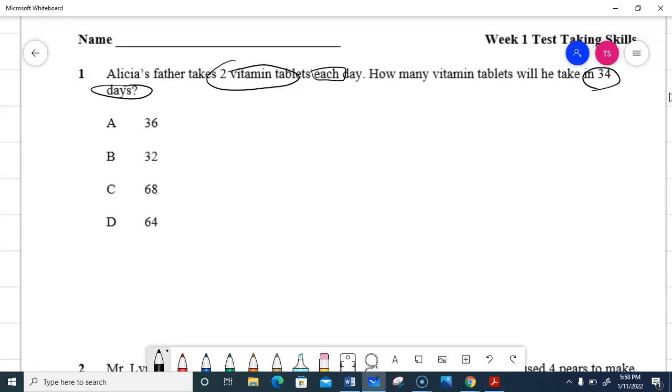This is going to look a little bit different than how we normally do it, but it's basically going to be the same thing. I'm just going to do it sideways because really the groups in this one are going to be 34. There's 34 groups, so I'm just going to draw it a little bit different. So I'm just basically going to draw 10, 20, 30, 1, 2, 3, 4.